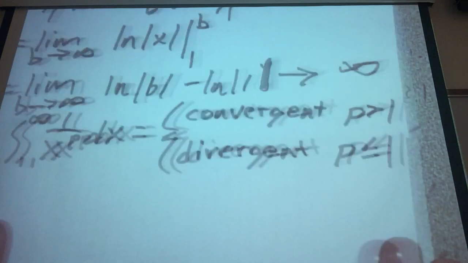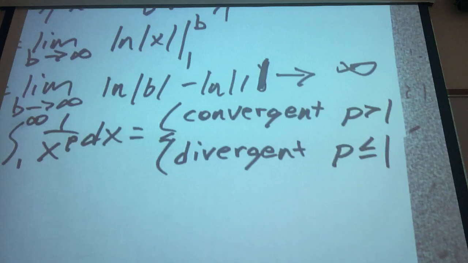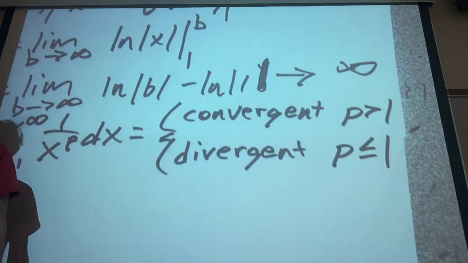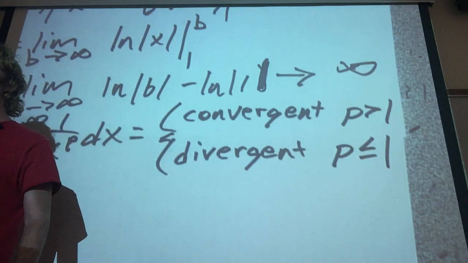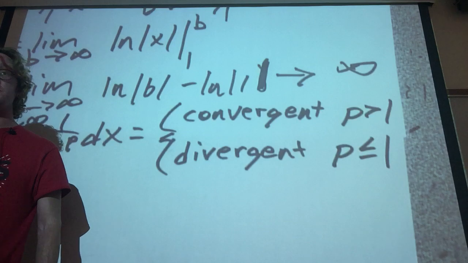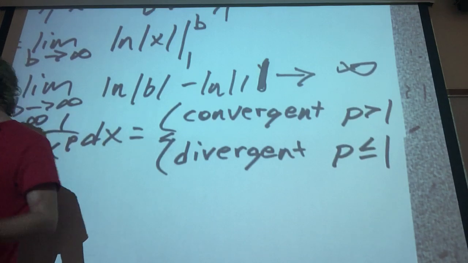So convergent if p is greater than 1, and divergent if p is less than or equal to 1. All right? And so when p equals 1, that is really a dividing line between everything that's convergent and everything that is divergent, okay? I mean, involving these types of integrals or p-series. We'll talk a lot about this when we get to p-series and infinite series, okay?